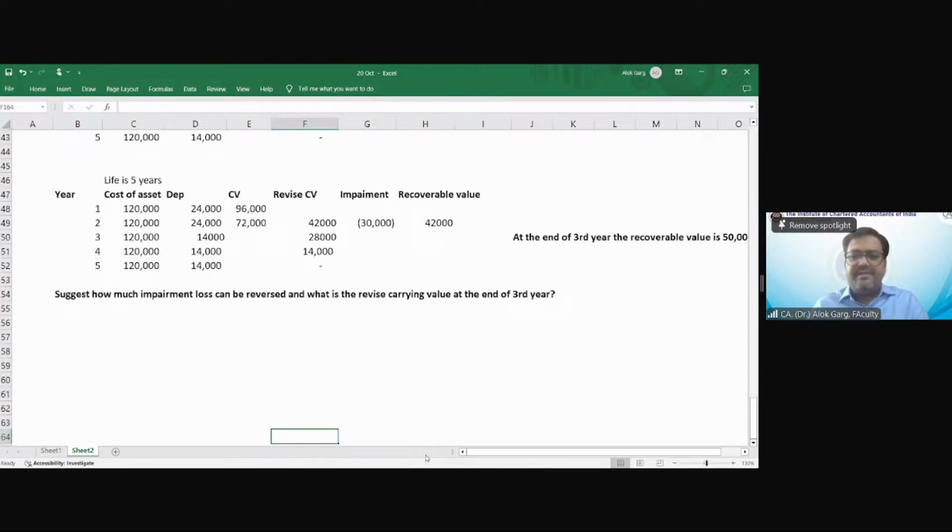22,000, sorry. Friends, the standard says that whenever you have to reverse your impairment loss, after the reversal, the revised carrying value should be the lower of recoverable value and what the carrying value would have been had the asset never been impaired. What is the guidance given in the standard?